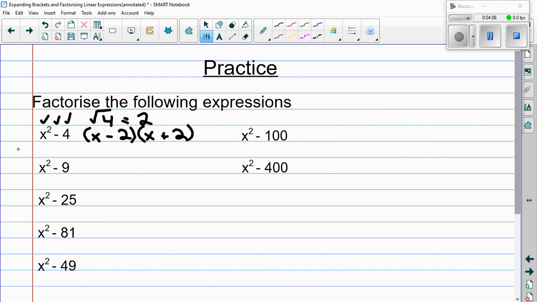All right, welcome back. So for this one, we're going to check, and yes, it is an a squared. We have a minus and another number. So we are going to find the square root of our constant. So the square root of 9 is 3. Then we know that it takes x minus that number, so x minus 3, and then x plus that number, so x plus 3.